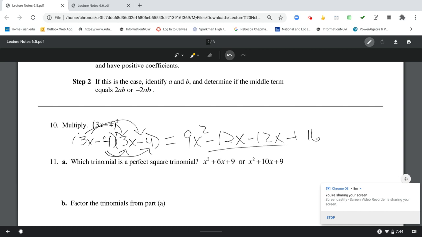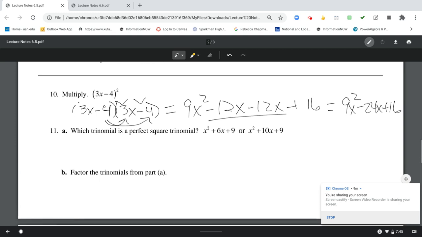So I get the same 2 middle terms. Okay, so I would end up with the trinomial 9x squared minus 24x plus 16. Now that's how you FOIL a binomial that is squared. You write it down twice and you FOIL it out.